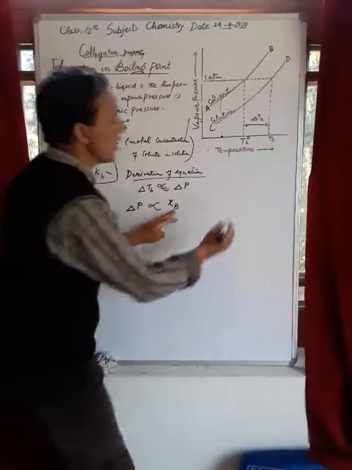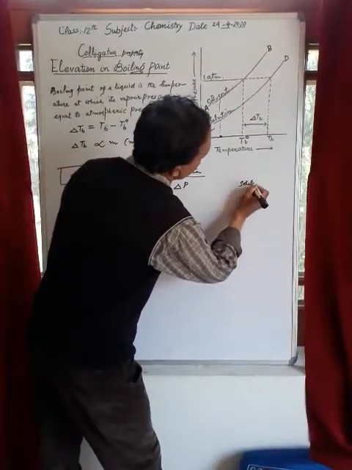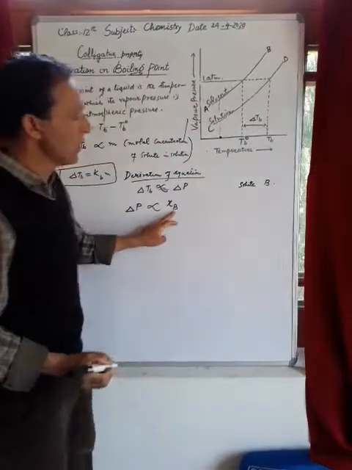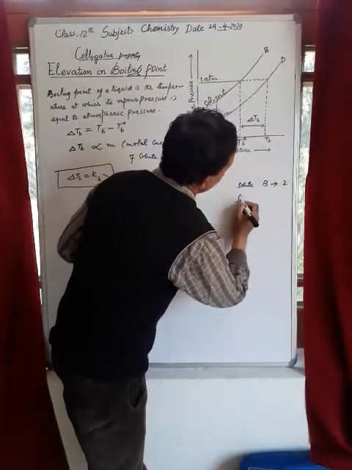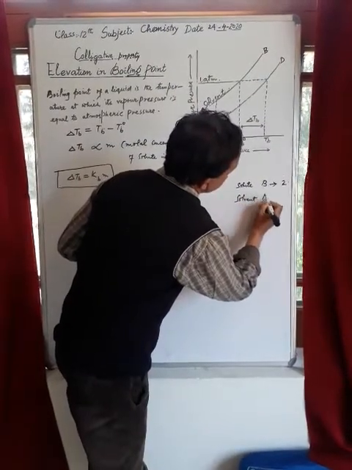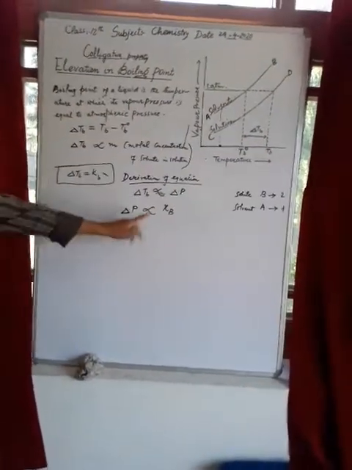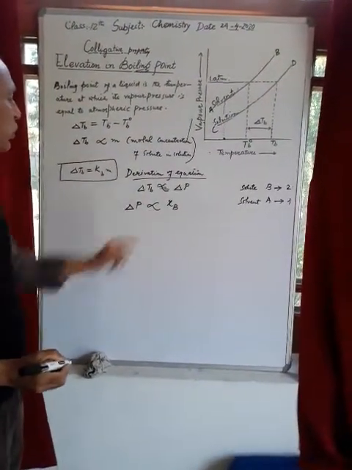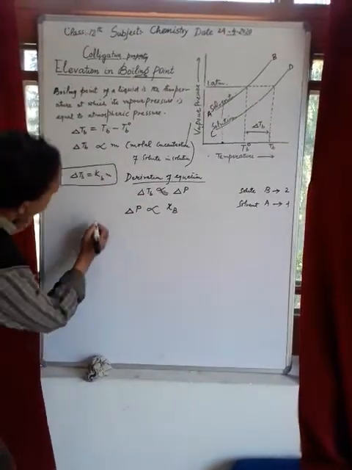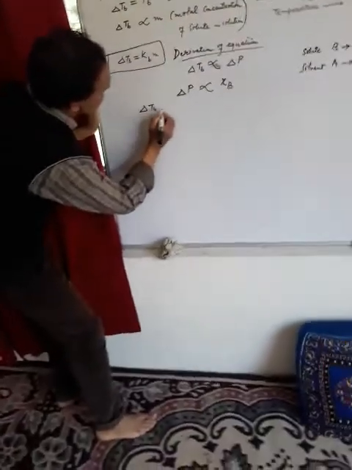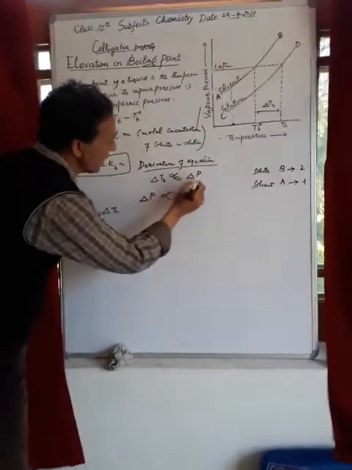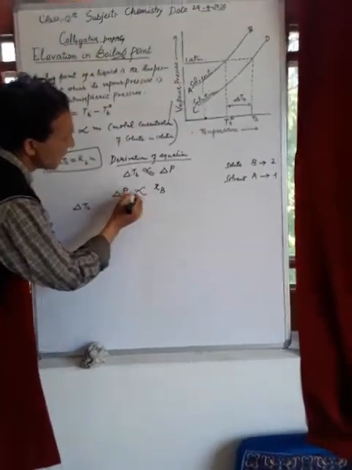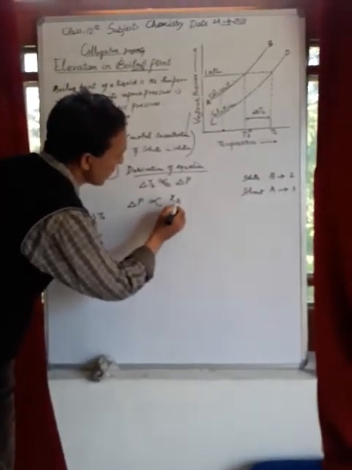Solute, here we denote solute by B, alphabet B, or somewhere you will find it is denoted by 2, and the solvent by capital A, and somewhere it is denoted by the number 1. So this is the mole fraction of the solute. Or we can say del Tb, the elevation in boiling point, is proportional to del P. Del P, this is the lowering of the vapor pressure. Del P is proportional to the mole fraction of the non-volatile solute.